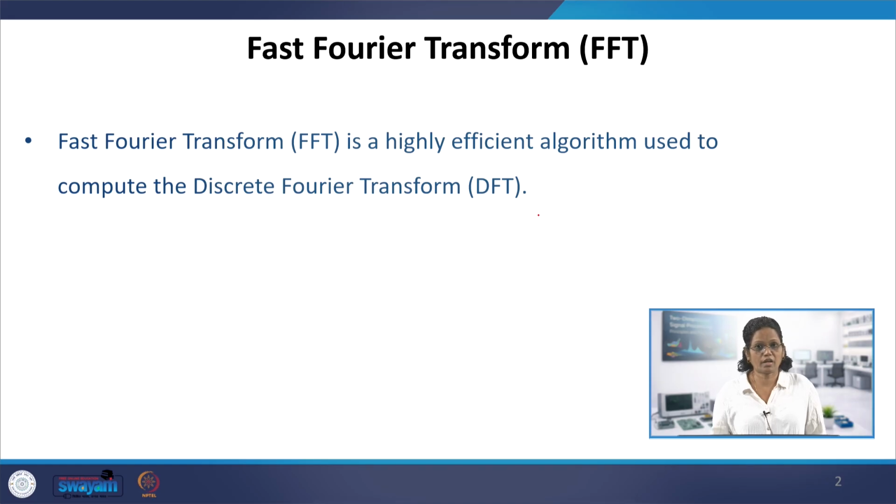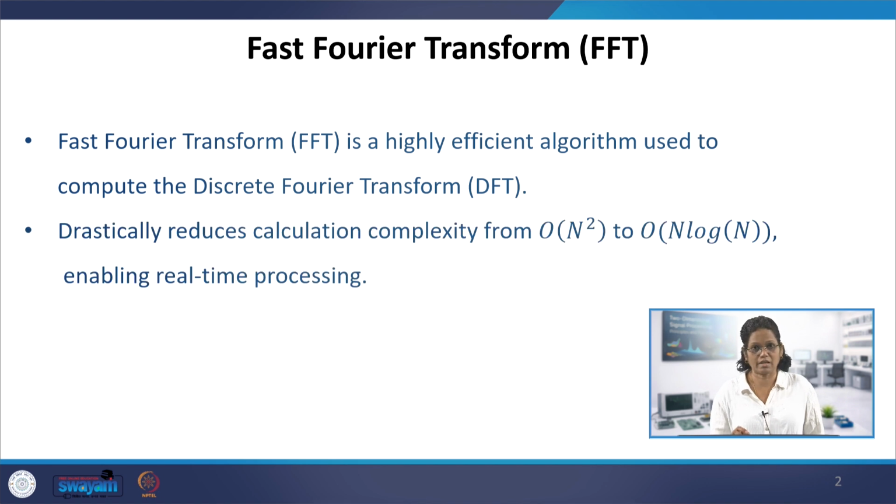As the order of n increases, this would become more complex, so the FFT complexity is less. The order of n square in the DFT is now reduced to order n log n. This is used in real-time processing for computational complexity reduction.